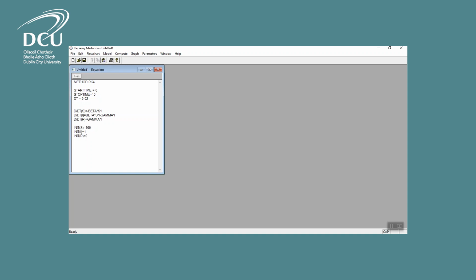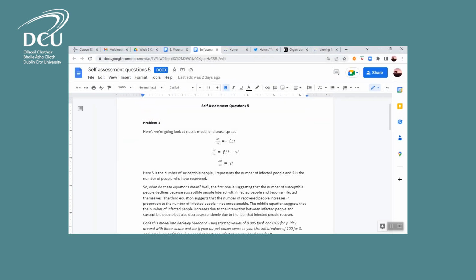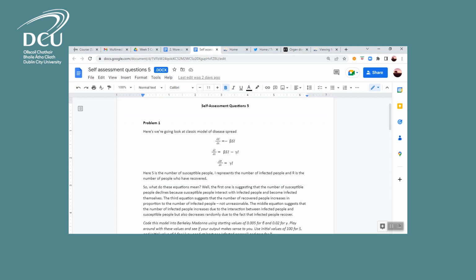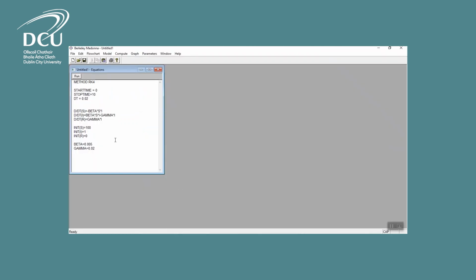Okay, so we have values of beta that I suggested, and let me see what they were. Beta equals 0.005 and gamma equals 0.02, I think it was. Yeah, I remember you don't have to call them beta and gamma.